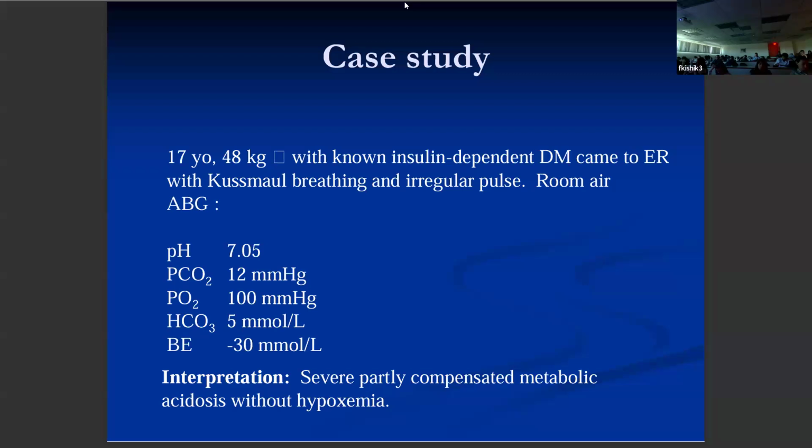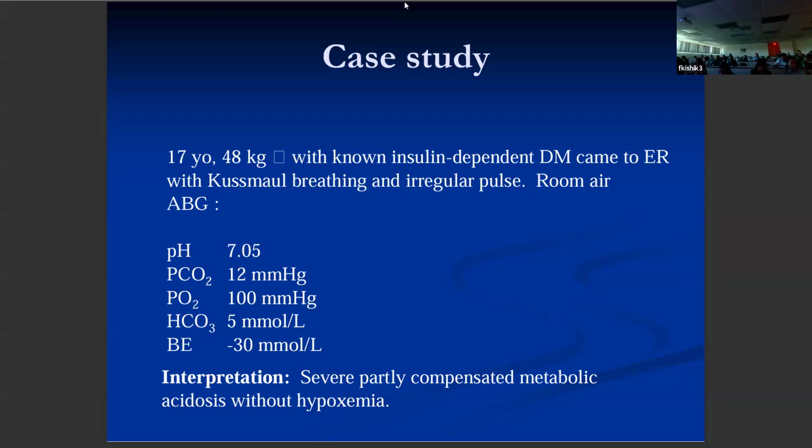A 17-year-old, 48-kilo male with known insulin dependent diabetes came to the emergency room with labored breathing and regular pulse. Room air blood gas is. How's the O2? Good. It's 100%. How's their pH? Severely acidotic.